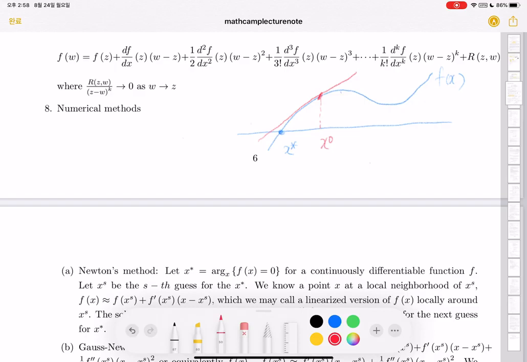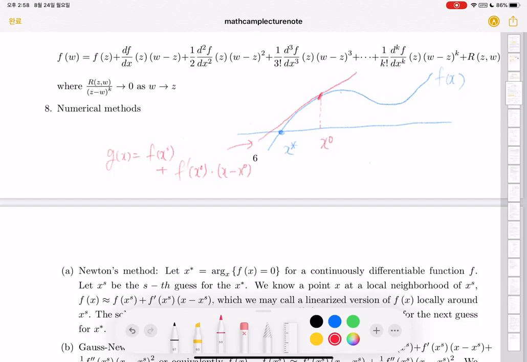So the equation of this line, let's say this is your g of x. g of x is f of x naught plus f prime of x naught times x minus x naught. How do I know that this is the line?